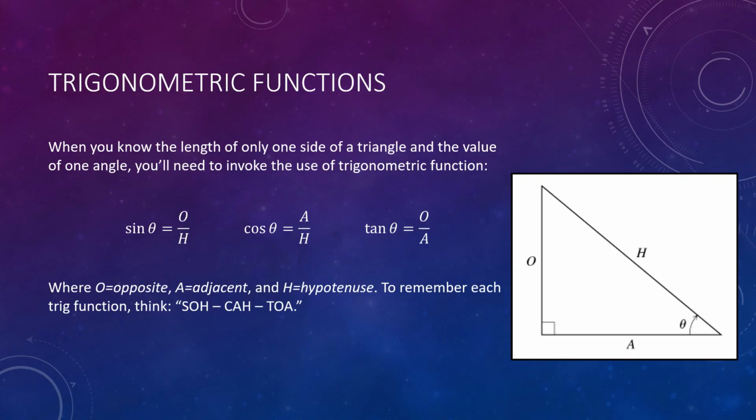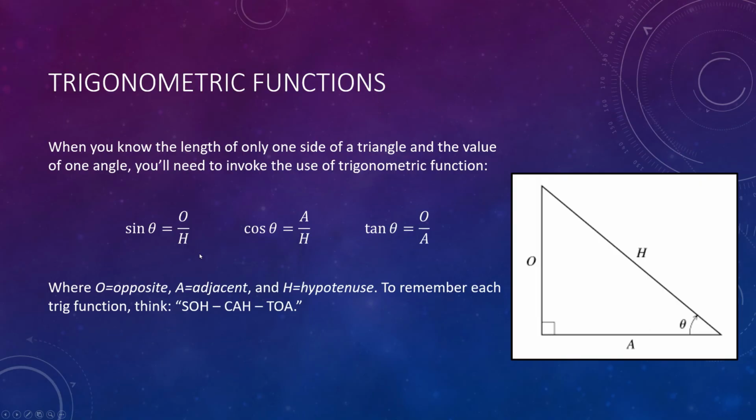So what does all of this mean? Well, first of all, recognize that when we're using the symbols H, O, and A, we're not talking about housing things. This is hypotenuse for H, O for the opposite side of the angle, and A for the adjacent side, the side next to the angle.